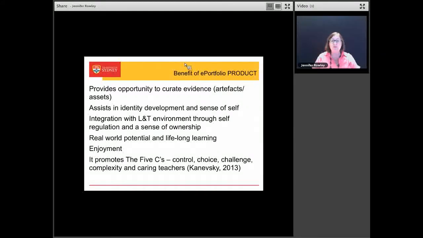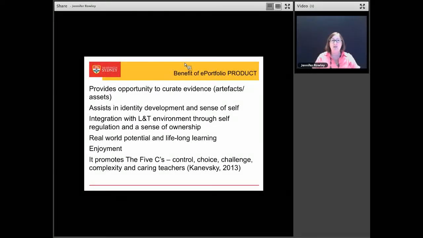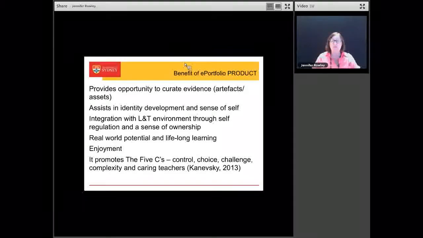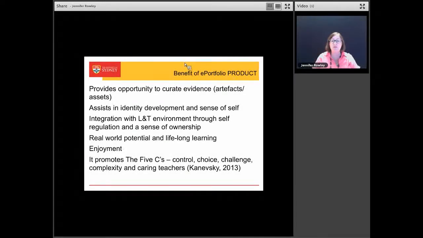And quite often this is one of the roles that you as a tertiary teacher need to really think about, how you guide and facilitate some of these pathways for the students, so they have not necessarily good choices, but that they actually explore the choices of what goes into their product, into their portfolio.